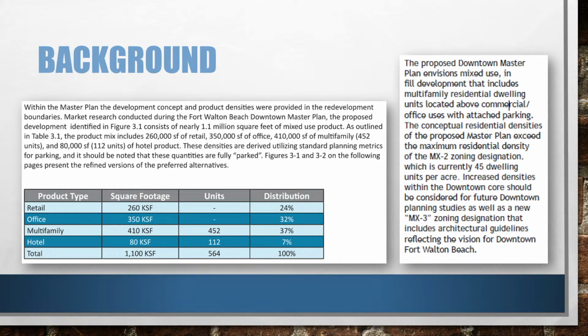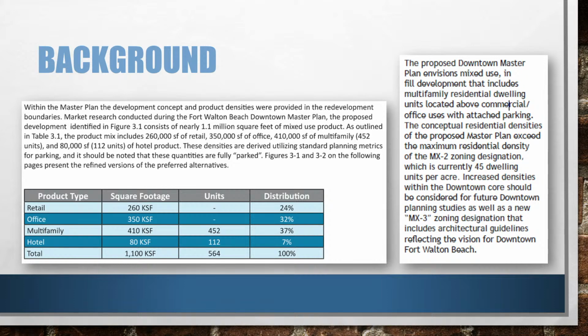The numbers shown on here are calculations that in the master plan, they showed different numbers of square footage and unit breakdowns for different types of uses within our downtown. For multifamily, looking at that use specifically, they had proposed and did their math, their numbers based on 452 dwelling units within the downtown and based on a distribution of 37% of the downtown.